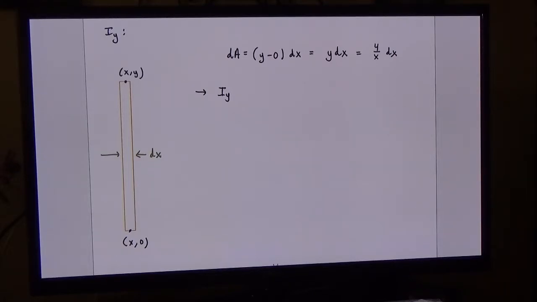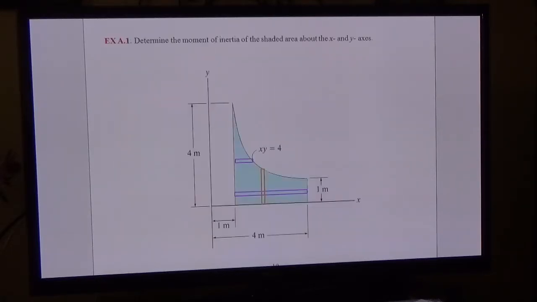Then I can substitute into my integral equation. I have integral of x squared dA. Substitute for dA. And I'm left with 4 outside, then integral of x dx. This time the limits are based on x. So at the left-hand side I have x of 1.